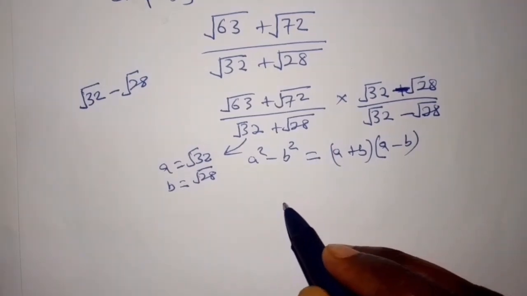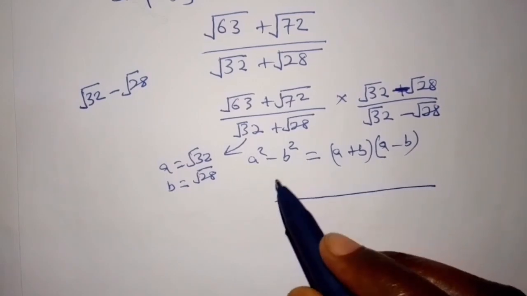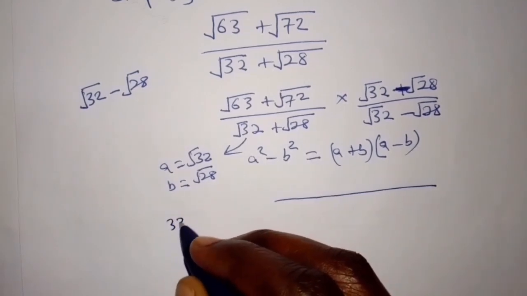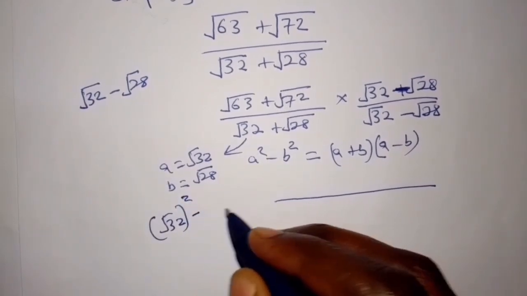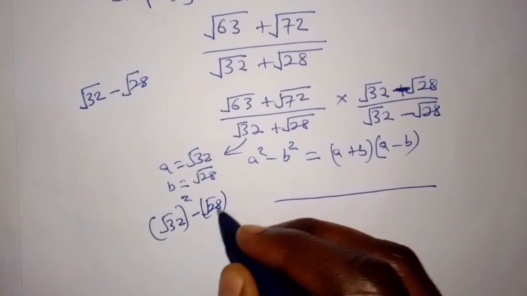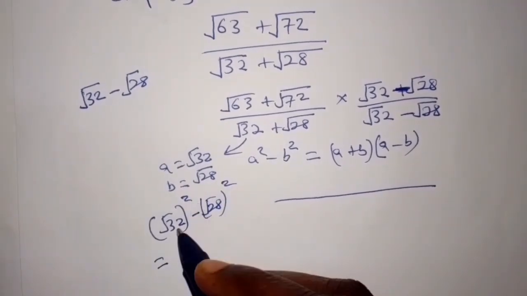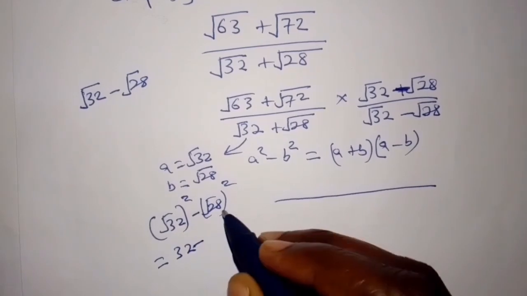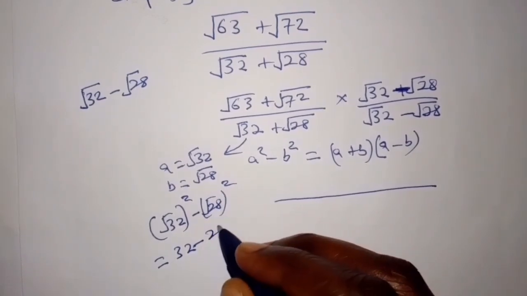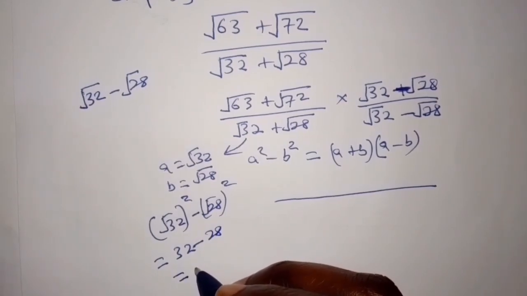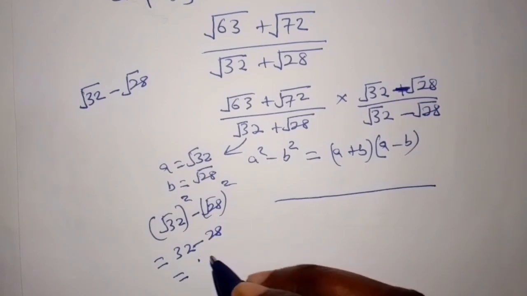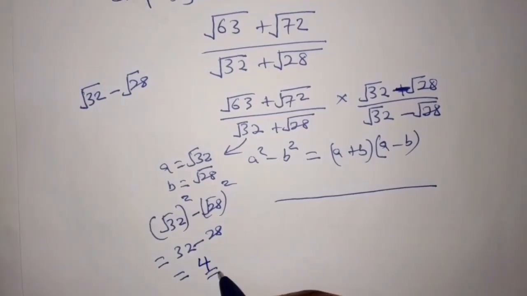So in our denominator, we are going to have the square root of 32 squared minus the square root of 28 squared, which is giving us 32 minus 28. The square root of 32 times the square root of 32 is 32. The square root of 28 times the square root of 28 is 28. 32 minus 28 is giving us 4. So our denominator here is 4.